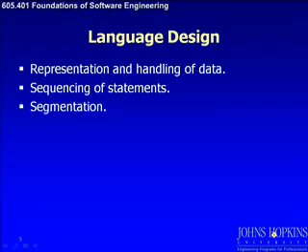Any language is going to have to support features to allow the programmer to represent data types and variables and objects and classes or whatever, and handling of data, all the operations on the data. That's obviously what programs do: programs are data plus operations. Also sequencing of statements, some way to tell the order in which things happen. Now this certainly is necessary in an imperative language.